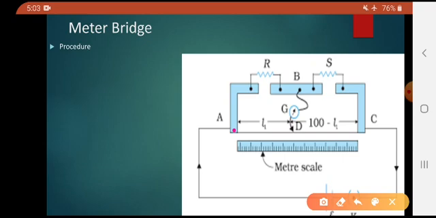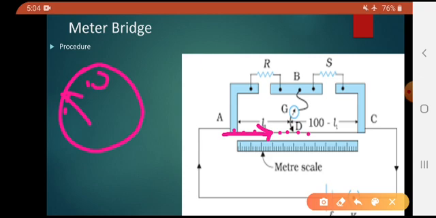Here the battery positive terminal is connected at A, so I am touching the jockey on the wire. Initially the galvanometer reading is like this. When you move forward, the galvanometer reading approaches 0.